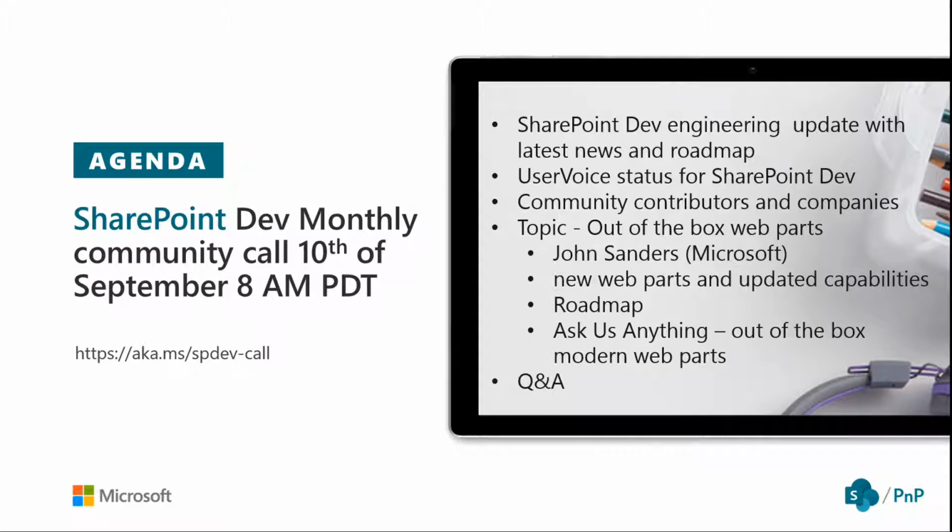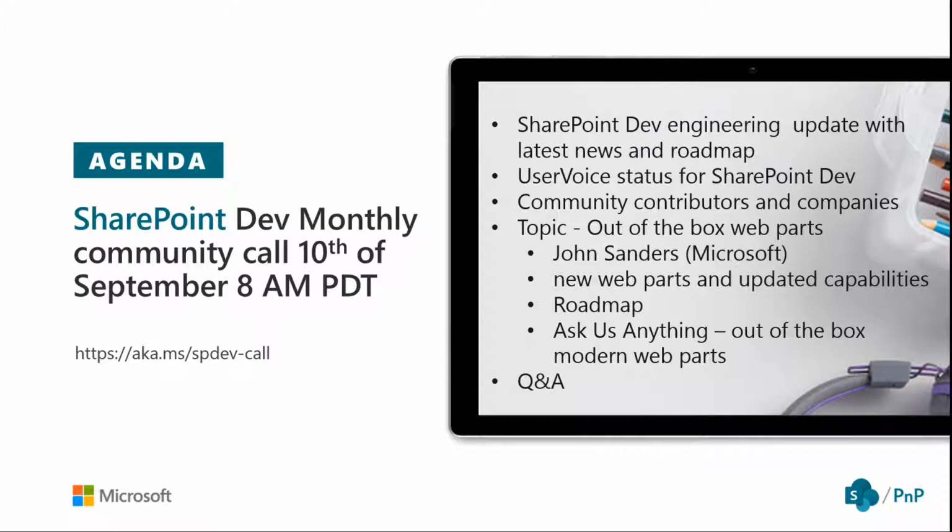This time, next Thursday, we'll have John Sanders, who's a principal program manager who owns all of the out-of-the-box web parts in SharePoint Online, joining us, and he's going to do cool new demos on the new capabilities of out-of-the-box web parts, and also talk about the roadmap. Some of the questions from the last monthly call were like, hey, are you looking into open sourcing any of these web parts? We'll talk about that next Tuesday as well.